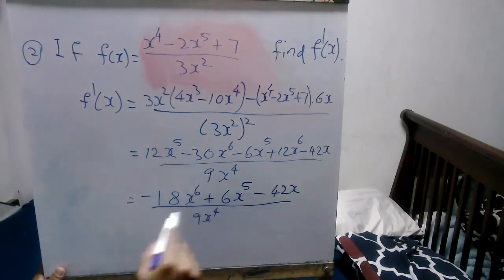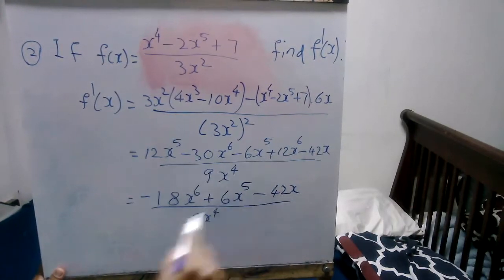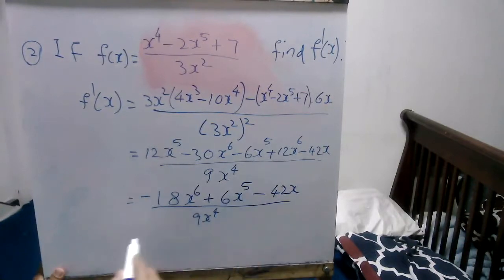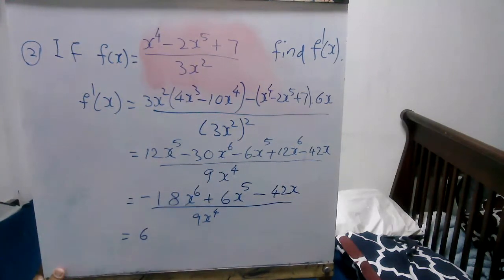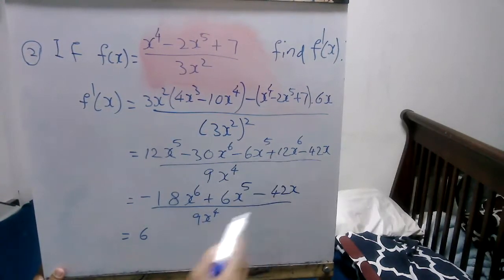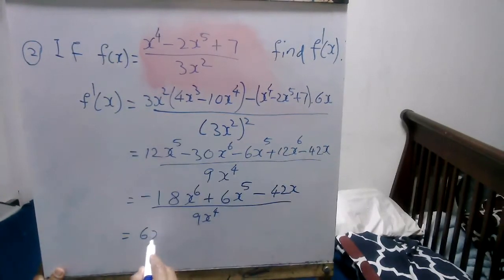Common factor, we can divide everything on the numerator, 18, 6 and 42, by 6. 6 is a common factor. And what else? X to the power 1, this is the smallest exponent, so 6x is common.